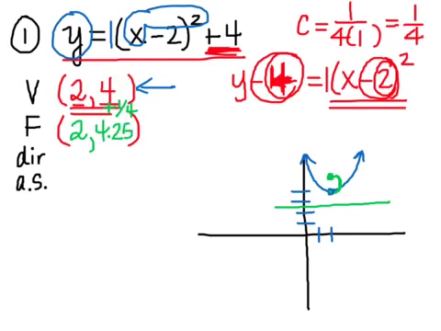And then for the directrix, it's going to be a distance of 1/4 below the, like another horizontal line could be at y equals 4, and it's going to be 1/4 below that, so this would be y equals 3.75.